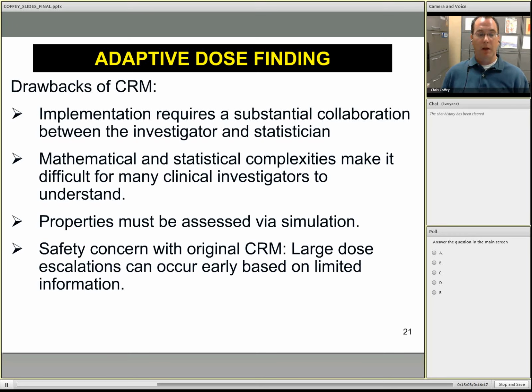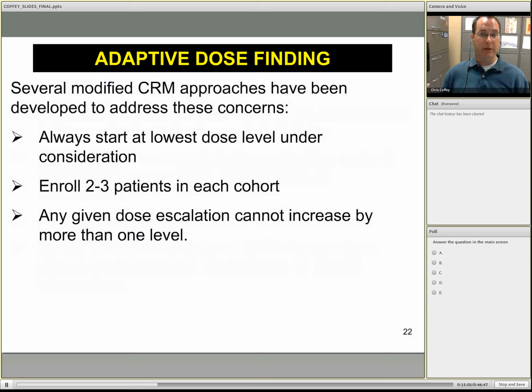There are concerns that have been raised, rightfully so, that that might be too much and might cause safety concerns. Because of that, what's normally used now is more of a modified version of the original CRM, where you would always start at the lowest dose under consideration, regardless of what your prior information may tell you. You would always enroll, say, 2 to 3 patients in a cohort, and you would restrict any dose escalation to no more than one level or some defined rule that you would have in place.